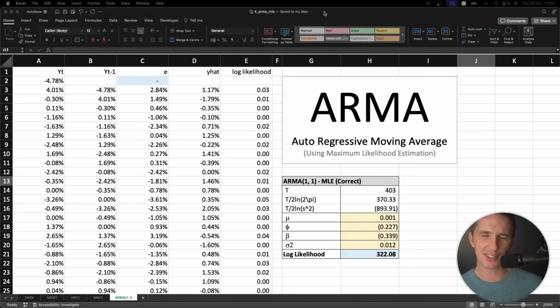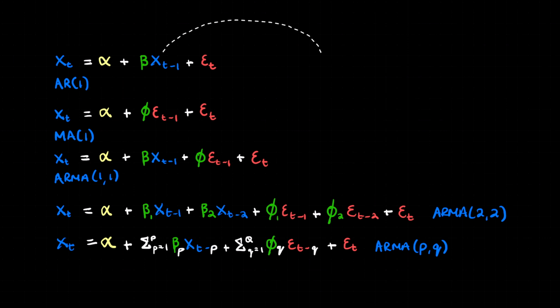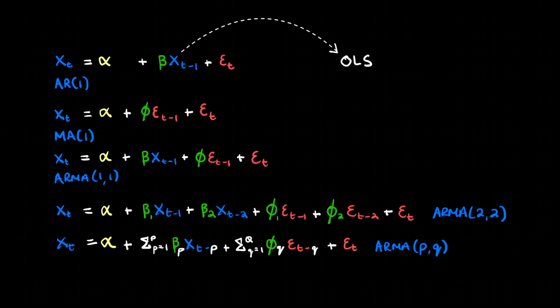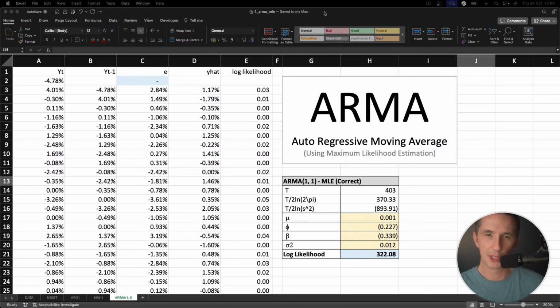So let's just take a step back and think about how are we even going to estimate these parameters. If we look at our AR model first, we can see here that I could just take x sub t minus 1 and put that into an OLS process. The same with our constant. By the way, I never showed you before how the constant is actually estimated, but it's just by putting in another independent variable, which is just a column of ones. So there's no data involved.